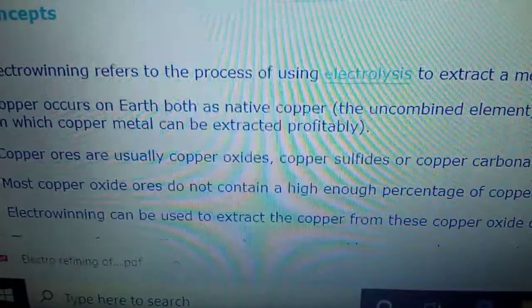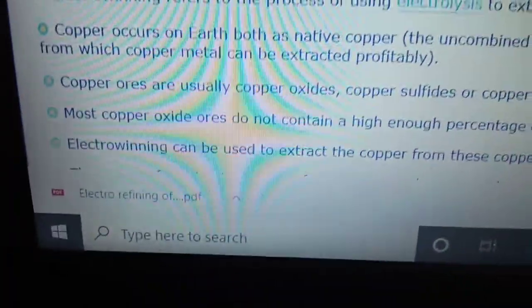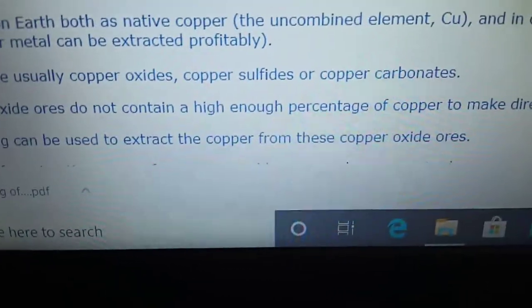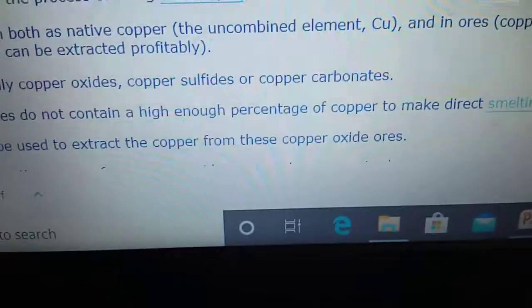Inside the mine, it is in the form of sulfides. Most copper oxides do not contain a high enough percentage of copper to mine.